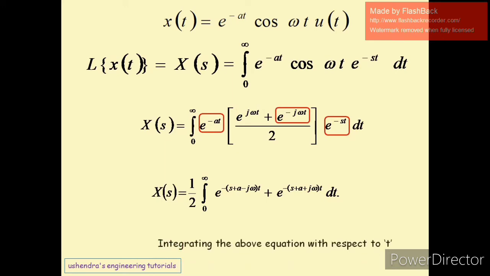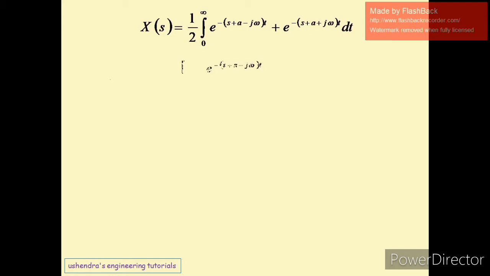Integrating the above equation with respect to t, and guys, recollecting the previous equation once again, X of s is equal to 1 upon 2 integral 0 to infinity e raised to minus of s plus a minus j omega into t plus e raised to minus of s plus a plus j omega into t, and the integration with respect to t.